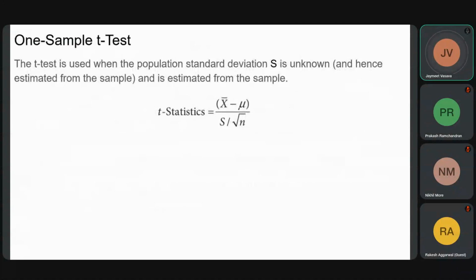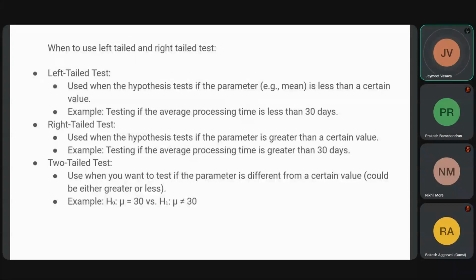Now, moving on further with the one sample t-test. So, for the left and the right tail test, what it differs from the two tail test is, for the right, we said that it can be greater than 30, and for the left, we said that it can be smaller than 30.